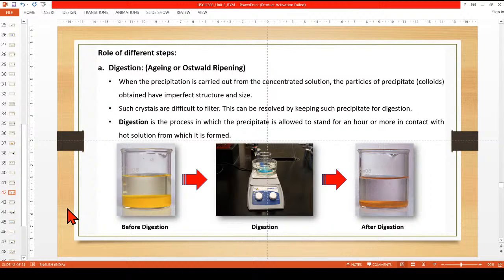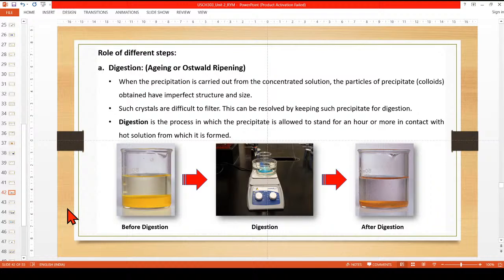Small nuclei or small crystals dissolve and redeposit on the surface of large crystal to form a bigger crystal. छोटे छोटे क्रिस्टल सॉल्यूशन में डिसॉल्व होके बड़े क्रिस्टल पे रीडिपोजिट होते हैं. That is Ostwald's ripening, or it is also called digestion.